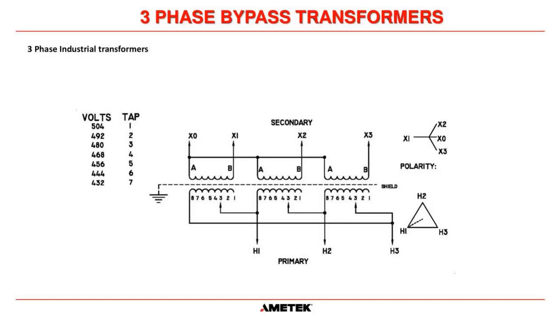Maybe it's only, again, 460, 465, something like that. So the output voltage is already low coming out of the bypass transformer. Maybe it's down to 116 volts, something like that.